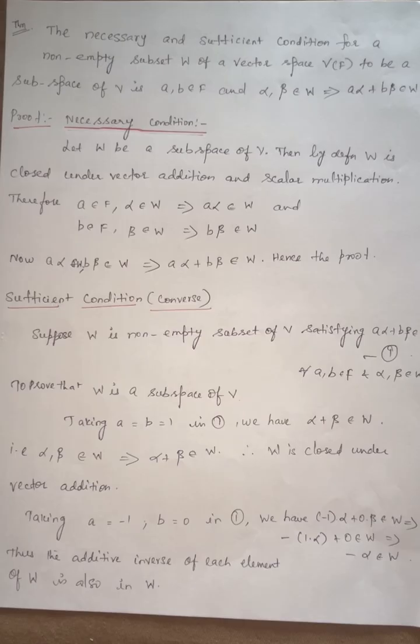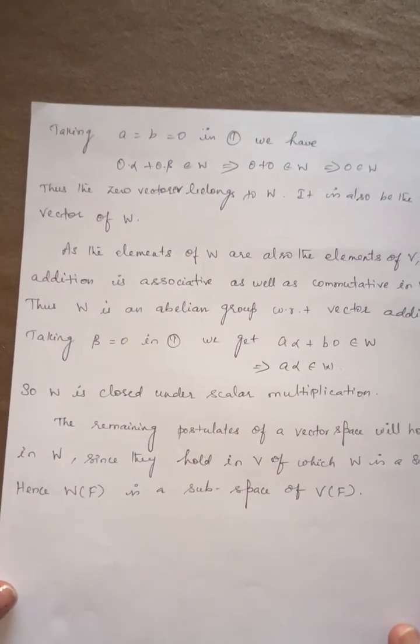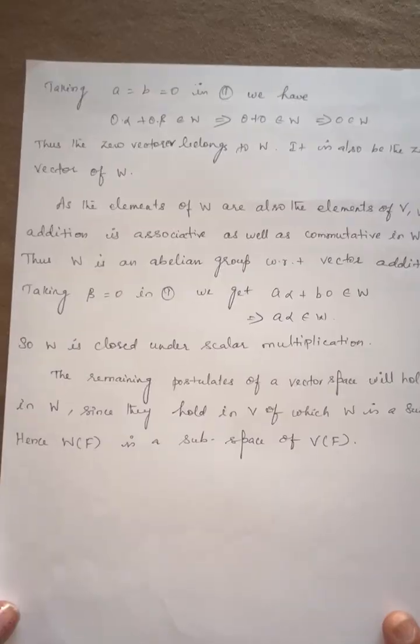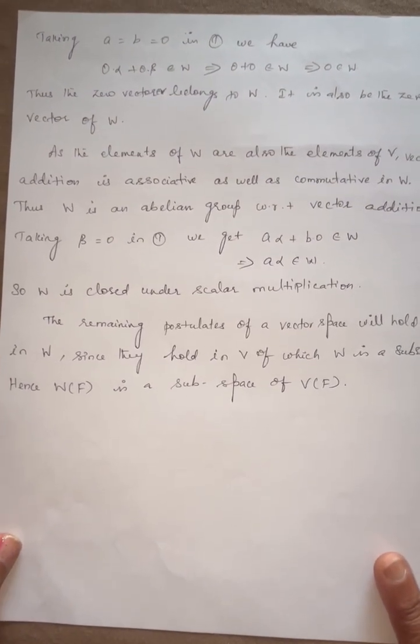And then the second substitution: let us take a equal to minus 1 and b equal to 0. Again substituting in the same equation, we arrive at minus alpha belongs to W. That means for any alpha in W, minus alpha is in W, that is, the additive inverse of each element of W is also in W. So each element of W has an additive inverse, and that is also in W. The next one: let us take a equal to 0 and b equal to 0 in equation 1.